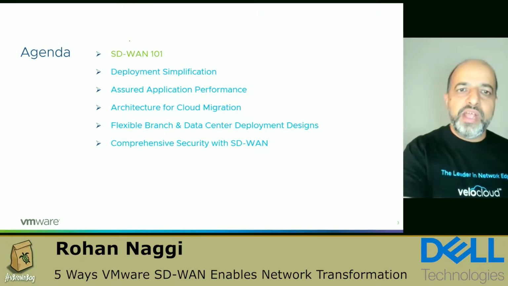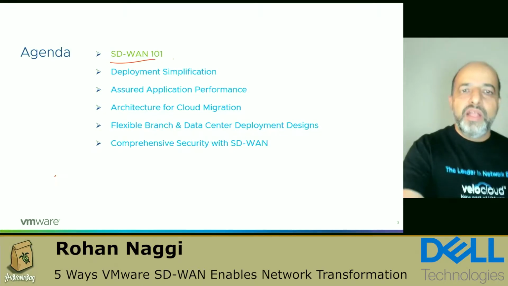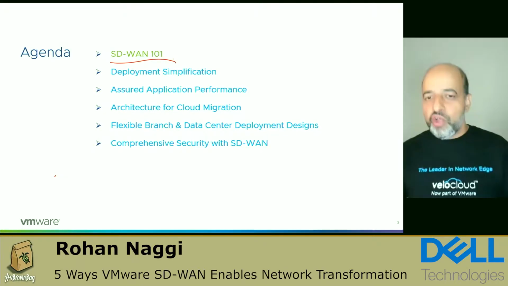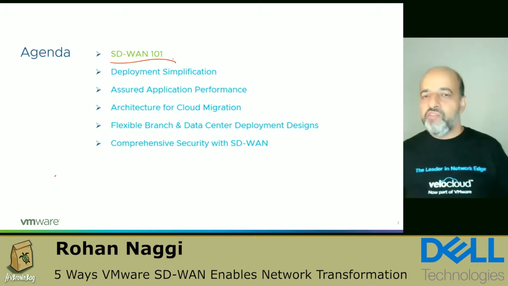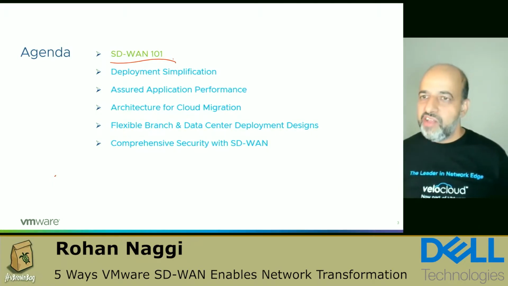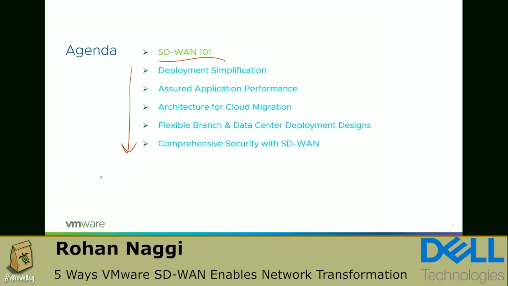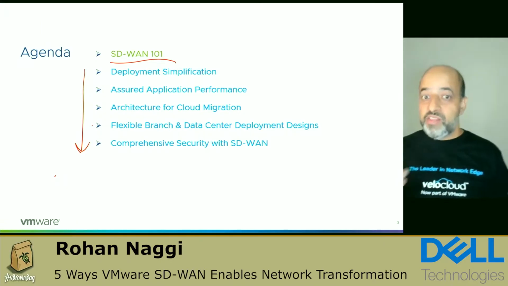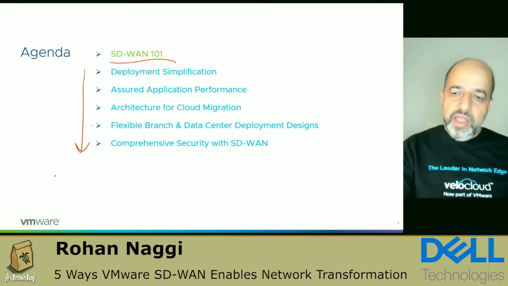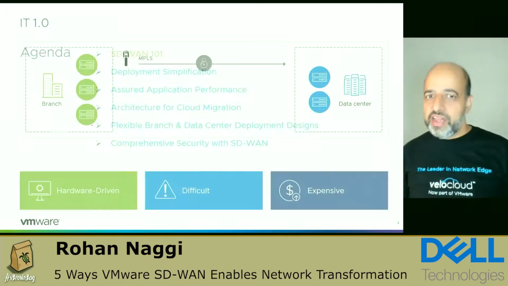Then we'll touch base on SD-WAN 101, where you understand the components, how the VMware SD-WAN solution really works, and how the architecture is. And that's where we'll go over those five essential capabilities like deployment simplification, application performance, security, and flexibility in the security. So with that, let's get started.